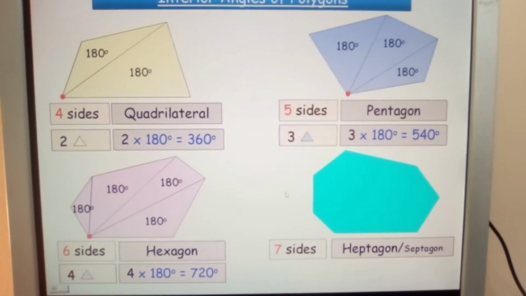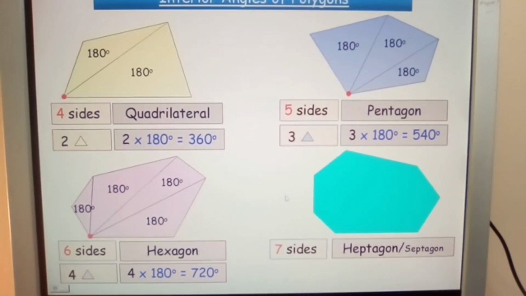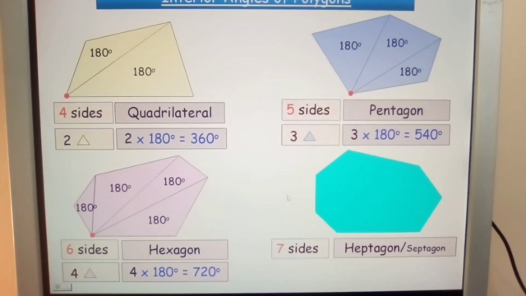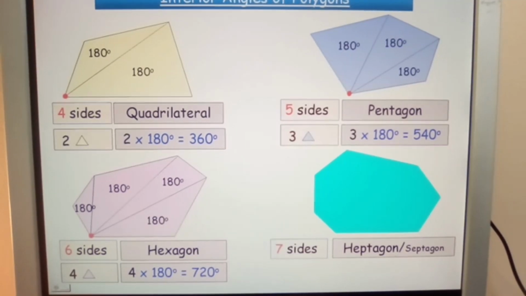And we have the 7-sided figure, heptagon or septagon.